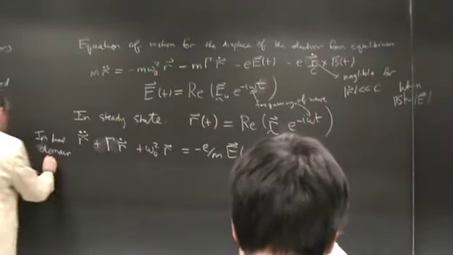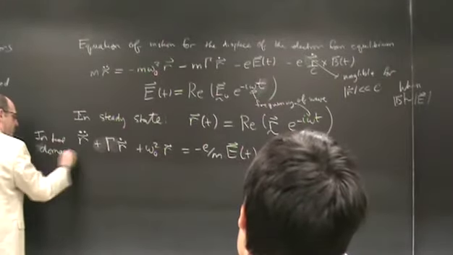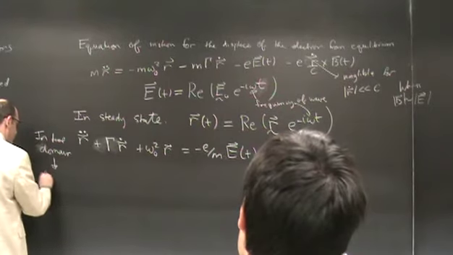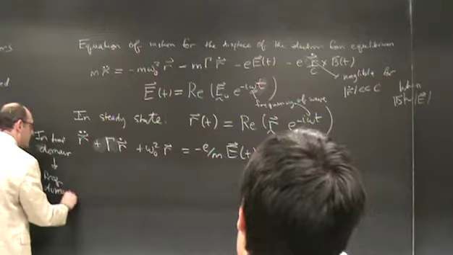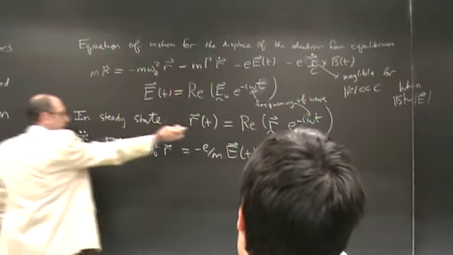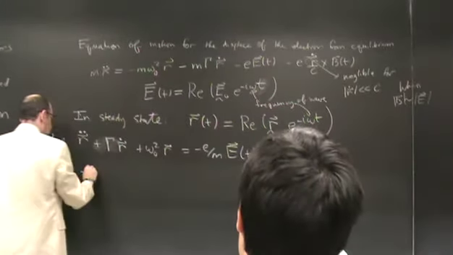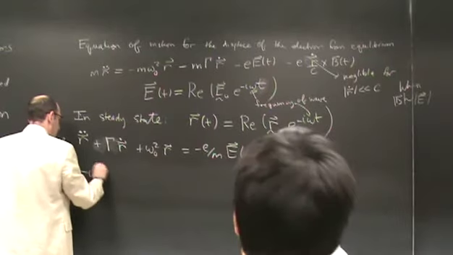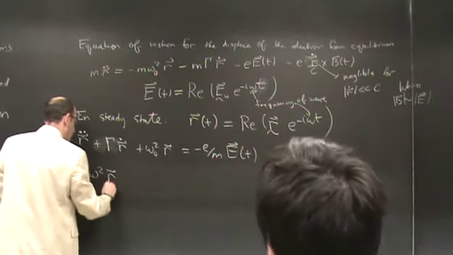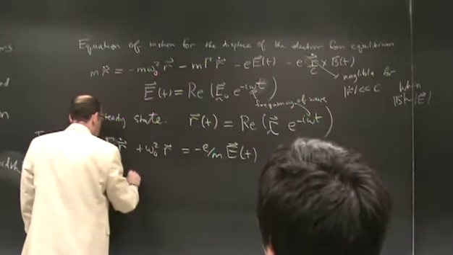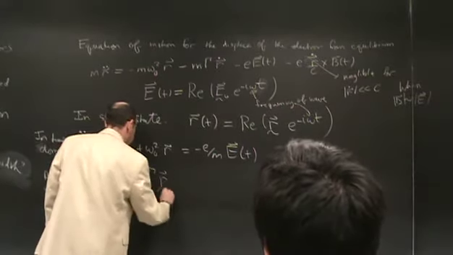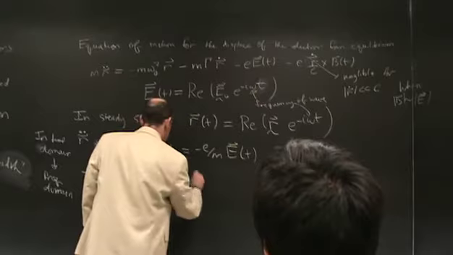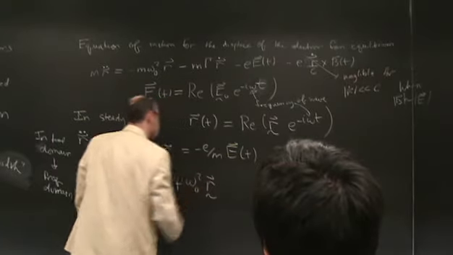In the frequency domain, under this assumption, this becomes minus omega squared R twiddle minus i omega gamma R twiddle plus omega 0 squared R twiddle.